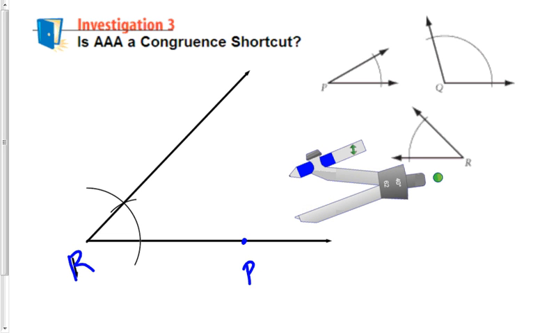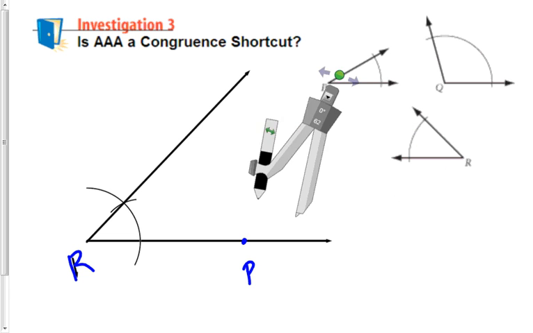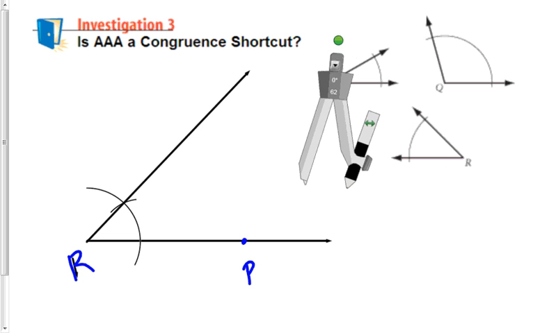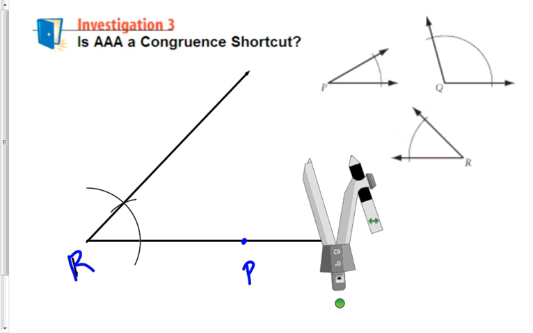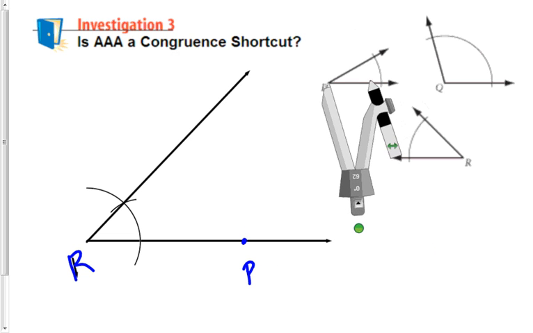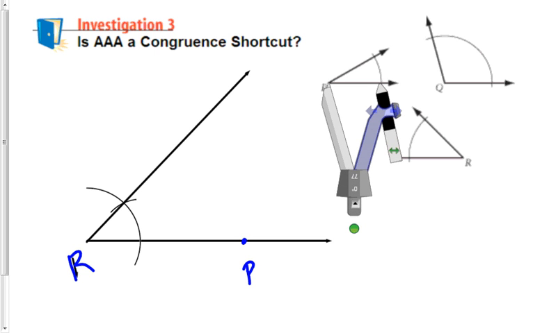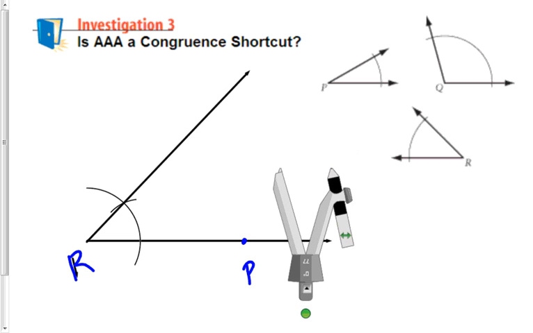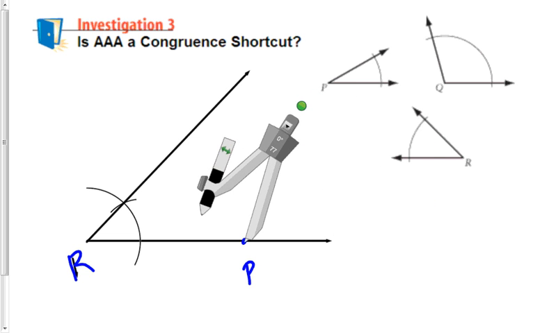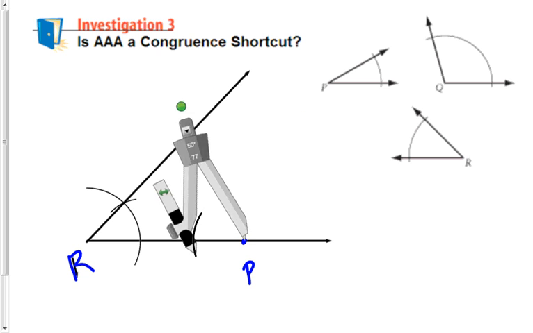And now I can duplicate P through there. So I'm going to take my compass. I'm going to come up here. I guess I got to flip it around. I'm going to measure out to the arc. Again, that's as good as I can do with the technology. Put it on P. Strike that arc.